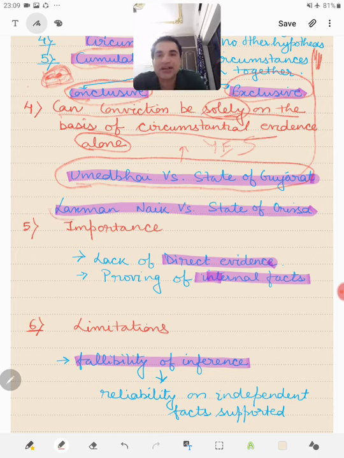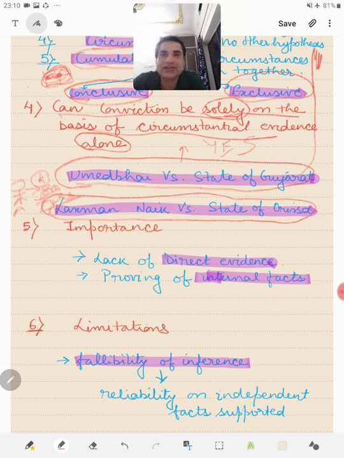In another landmark case of Lakshman Nayak versus State of Odisha, the accused raped and killed the daughter of his brother. And the daughter was only 7 years old.